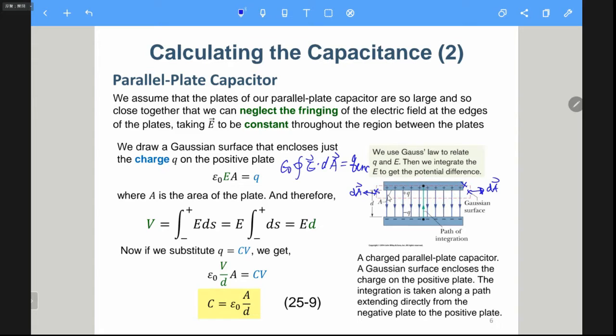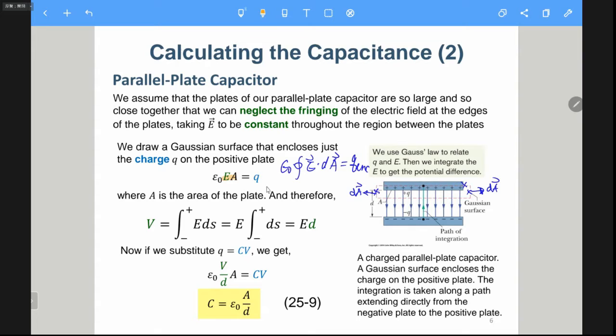Here we assume the surface area is capital A, and the E field is uniform, so it is nothing but E times A. So we have E times A equals Q over epsilon naught, where Q is the total charge enclosed by the Gaussian surface, which is all the charge stored on the positive plate.